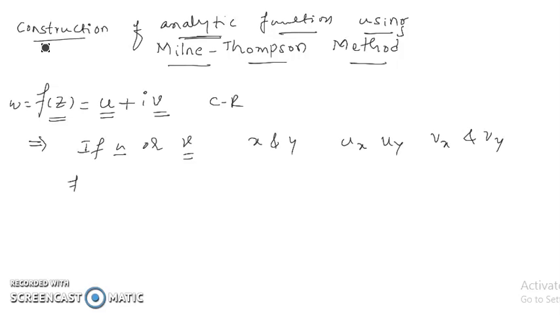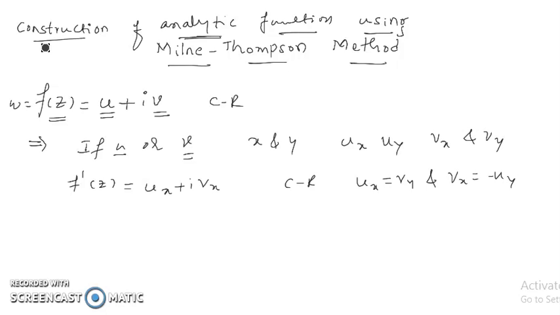Then after that, we know from the first equation while discussing Cartesian form, f dash of z is equal to u subscript x plus i into v subscript x. And also we know the CR equations. In case of Cartesian, u subscript x is equal to v subscript y, and v subscript x is equal to minus u subscript y.